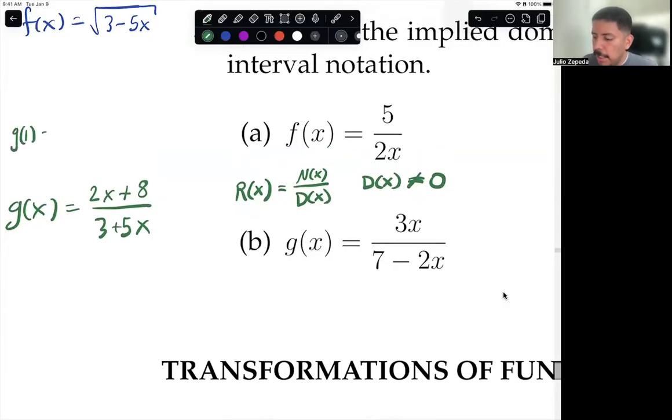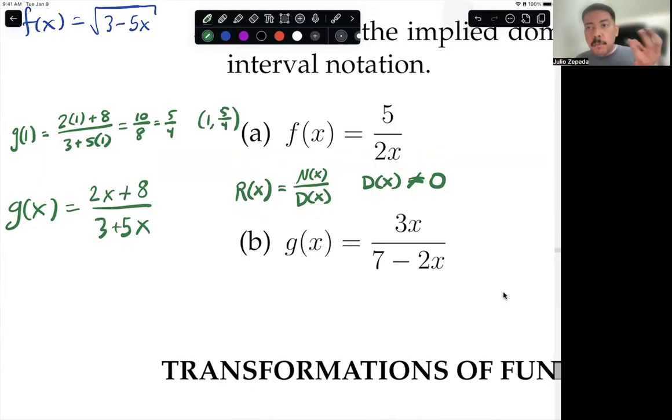Let's see if 1 is part of the domain. We plug in 1 by 2 times 1 plus 8 divided by 3 plus 5 times 1. This is 10 on top and 8 on the bottom, which reduces to 5 over 4. And so we have an ordered pair, 1 comma 5 fourths. This element in the domain, 1, was paired with exactly one element of the range, 5 fourths, and it's perfectly normal behavior for a function.